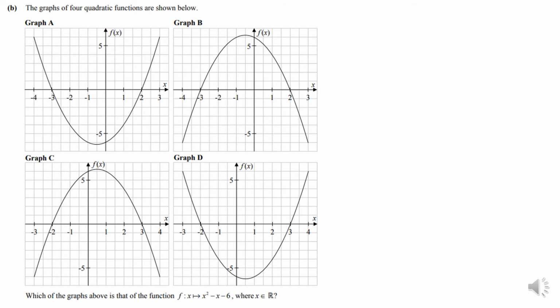So part B, the graphs of 4 quadratic functions are shown below. We'll have a look at those in a minute, but the question is down here at the bottom. Which of the graphs above is that of the function f of x is x squared minus x minus 6?